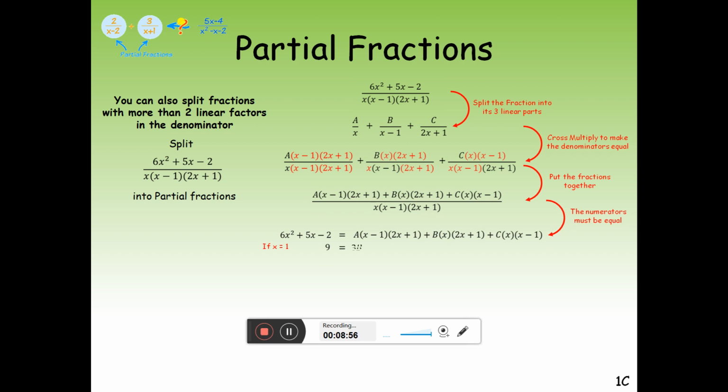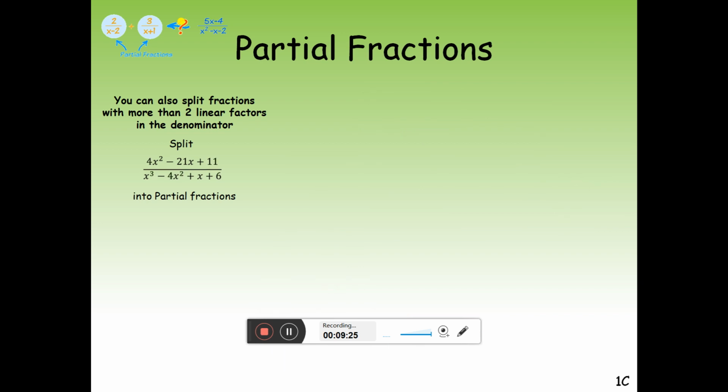From here we will get the value of b. Similarly, we will put x equal to 0 to make the second and third factors 0. We will get the value of a. Then to make the remaining factor 0, we put x equal to minus half. Then we will get the value of c. Now we will put the values of a, b, and c.